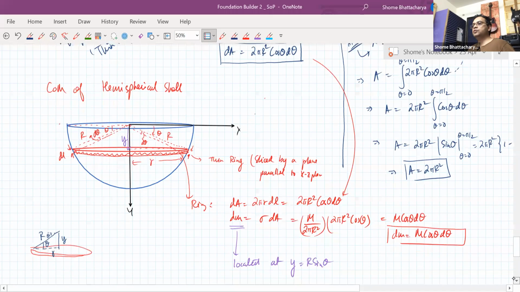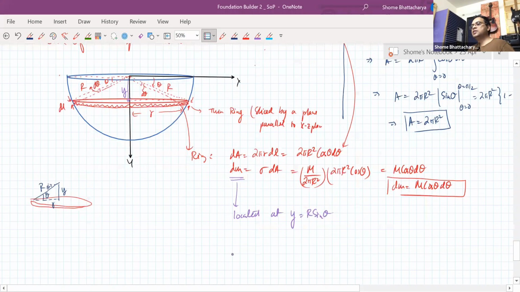So now for center of mass, I have to calculate YCM of the hemispherical shell. That will be integration y dm divided by total mass. So that will be integration of y replaced with R sin theta and dm replaced with M cos theta d theta.